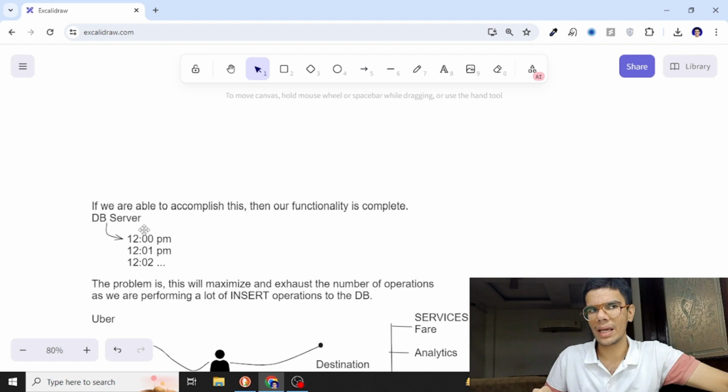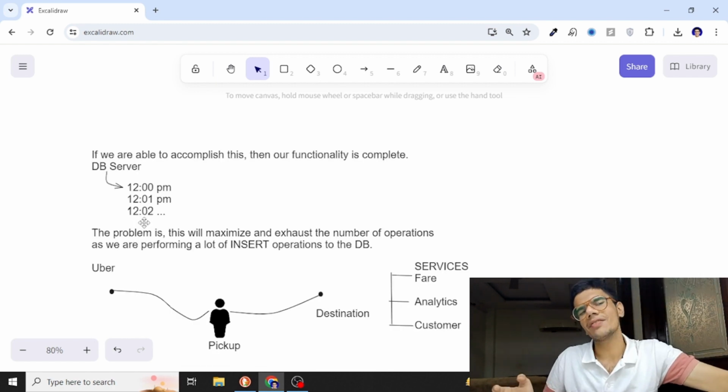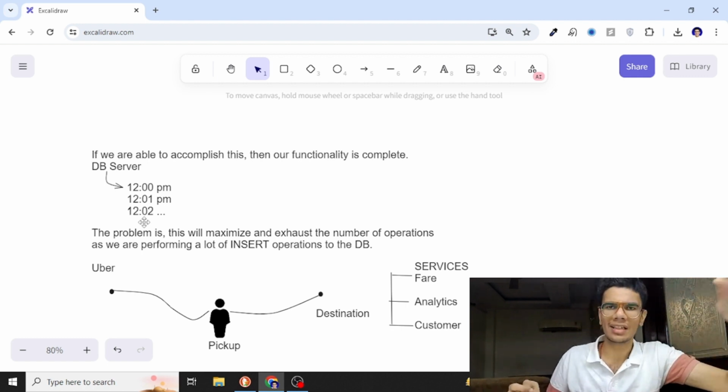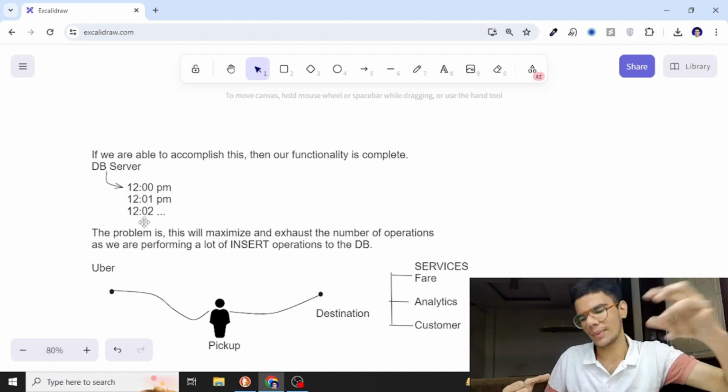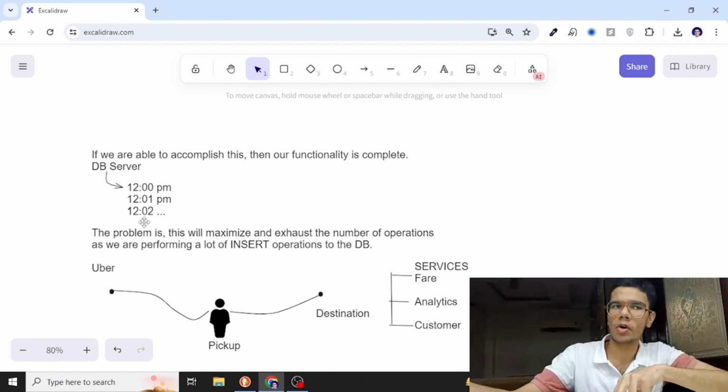So 12 p.m., then 12:01 p.m., then 12:02 p.m., and so forth. Our functionality will be complete when the real-time updates at 12, 12:01, 12:02 p.m. are fetched and displayed to the customer, and also stored in the database.